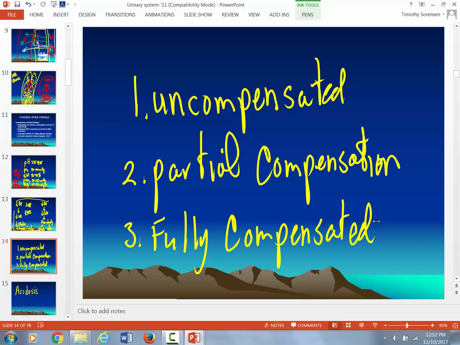So I'm going to give you the definition of uncompensated. Uncompensated means that whatever system is causing that pH imbalance, the system that can compensate for it has done nothing to help.